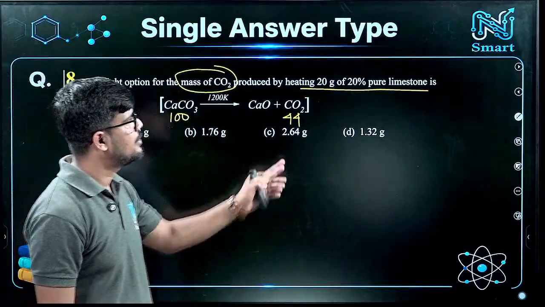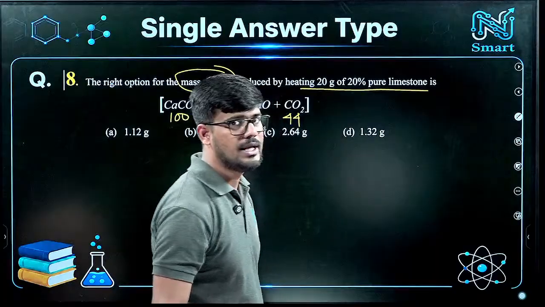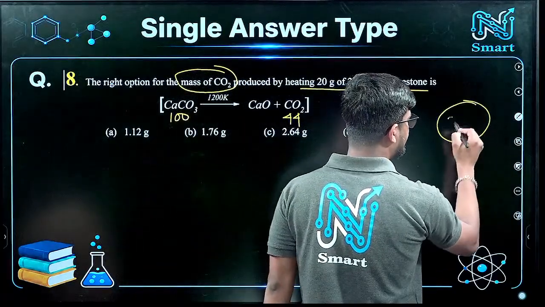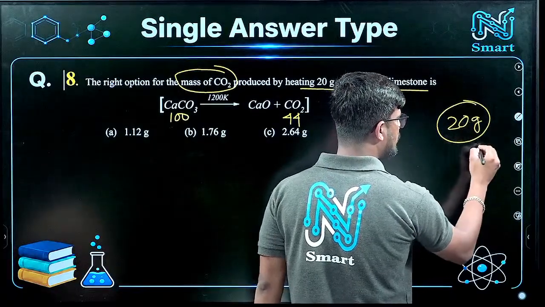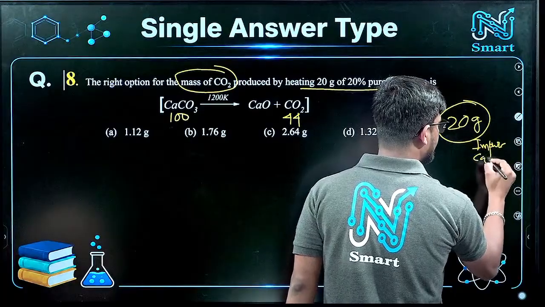Now, pure limestone means CaCO3, which is 20% pure. So 20 gram is impure CaCO3.